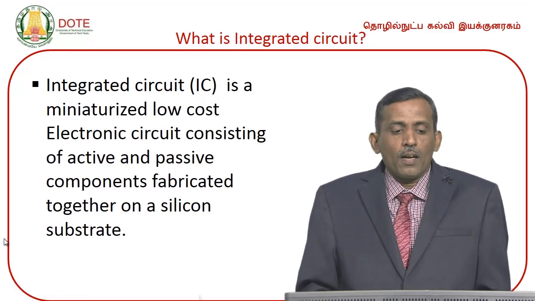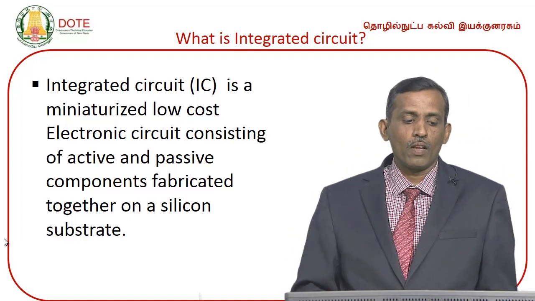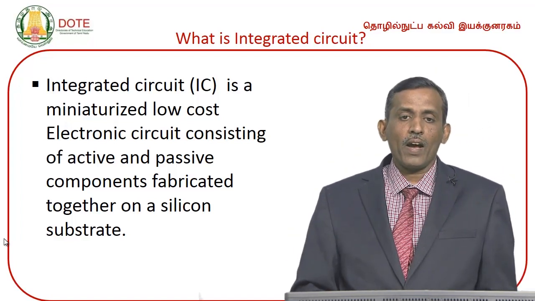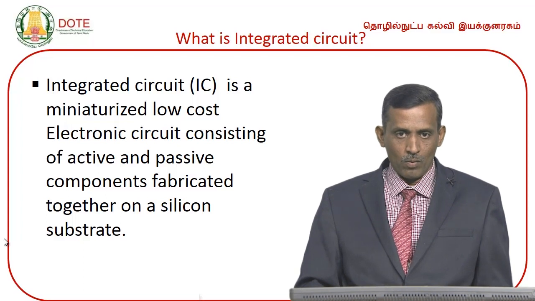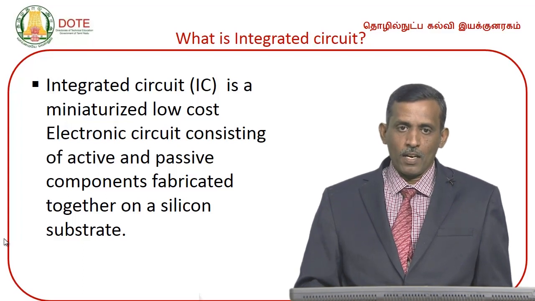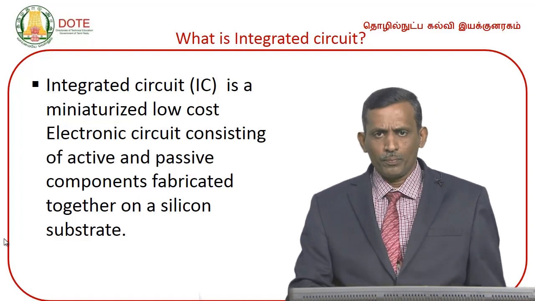An integrated circuit is a miniaturized low cost electronic circuit consisting of active and passive components fabricated together on a silicon substrate. What is IC? It is miniaturized, that means size is very low.